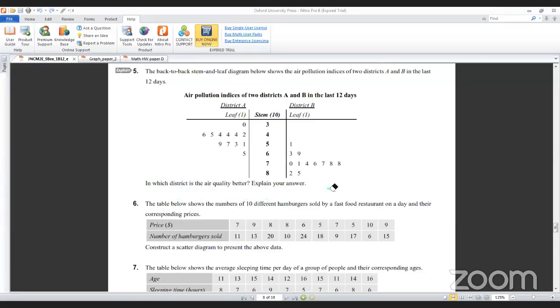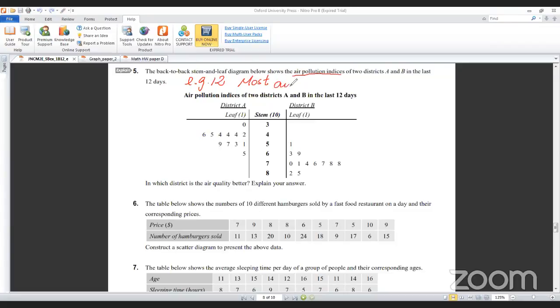For the explanation, you can refer to example 12 in your textbook. It is more or less the same kind of sentence: most, and then you look at these data. What are these data? Pollution index, air pollution index.